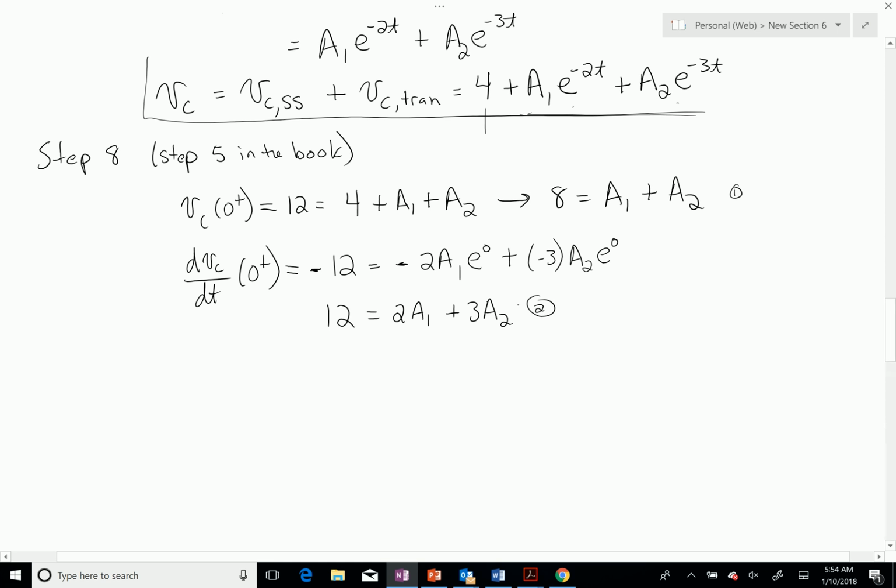You can combine those and you basically end up with A1 equals 12 and A2 equals minus 4, which tells me that V sub C of t is 4 plus 12 e to the minus 2t minus 4 e to the minus 3t.